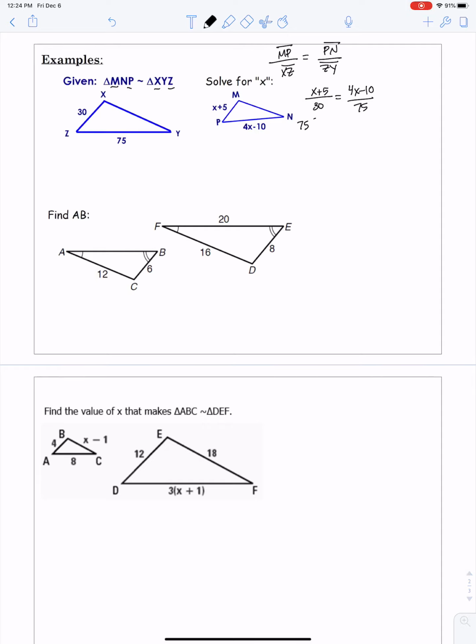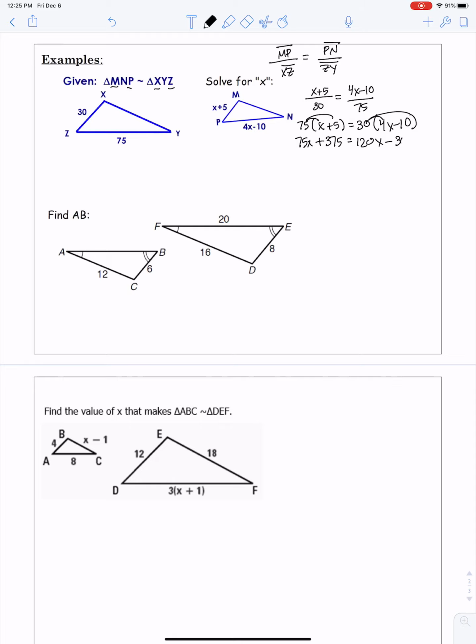So I get 75 times x plus 5 equals 30 times 4x minus 10. Make sure you distribute the number to both parts in the parentheses. So I get 75x plus 75 times 5 is 375. And then distribute the 30. 30 times 4 is 120.